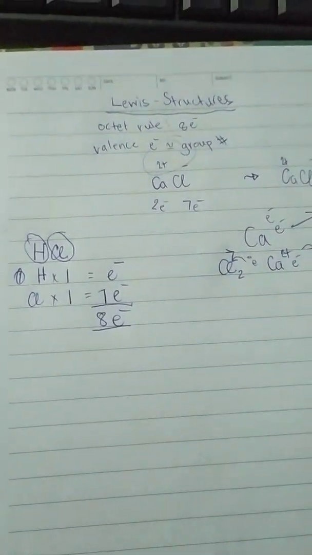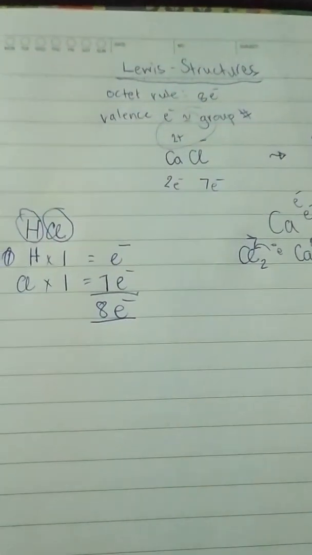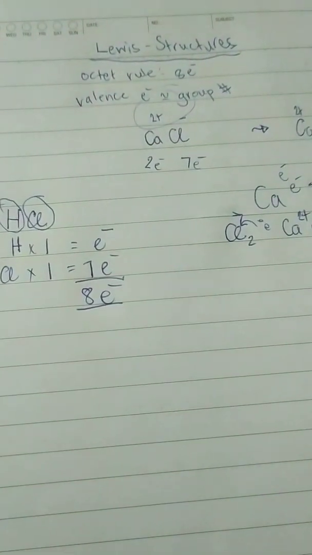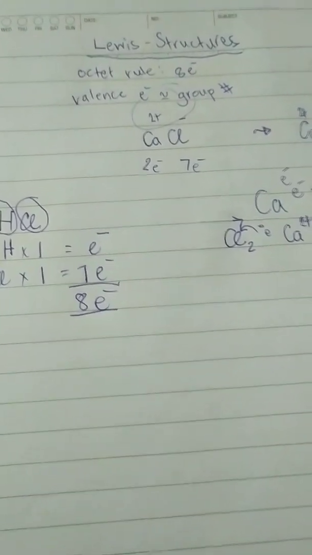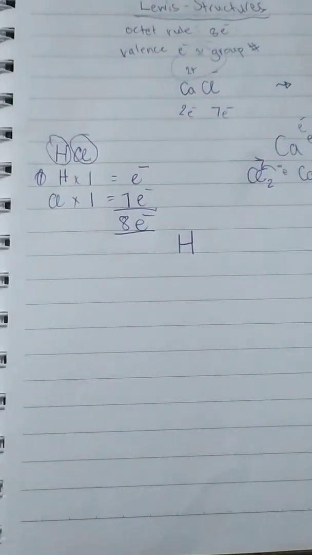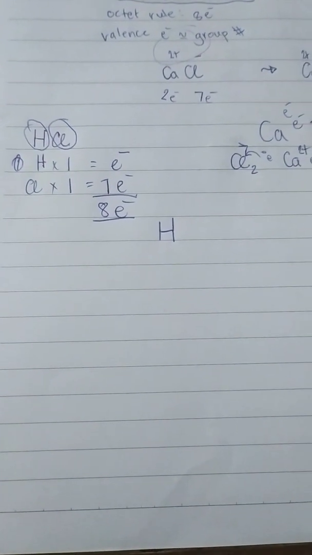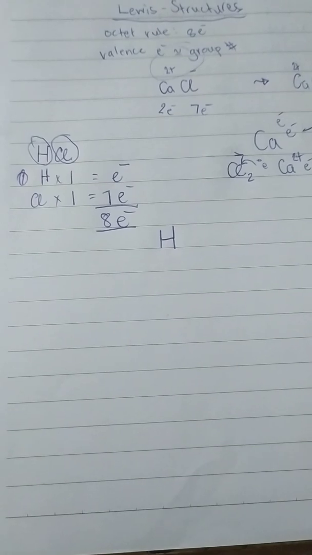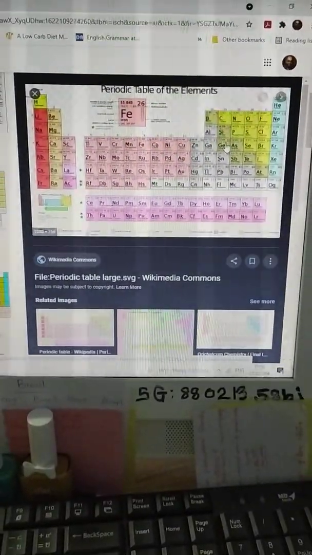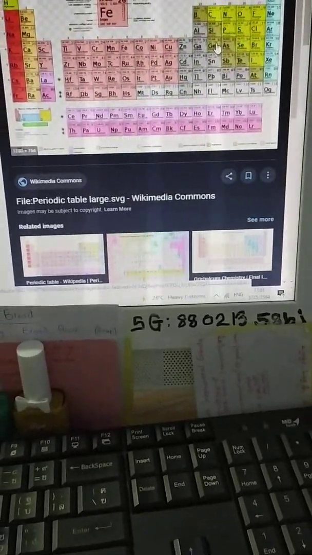And for that one, we know that for electronegativity, fluorine has a value of 4. Chlorine is about 3.7, 3.8, something like that. And hydrogen is very weak. So hydrogen is the least, and we're going to put that in the middle. It's the one with the lowest electronegativity number. And again, you look at your periodic table, you read the numbers off, and that's it. That's where you get the information from.